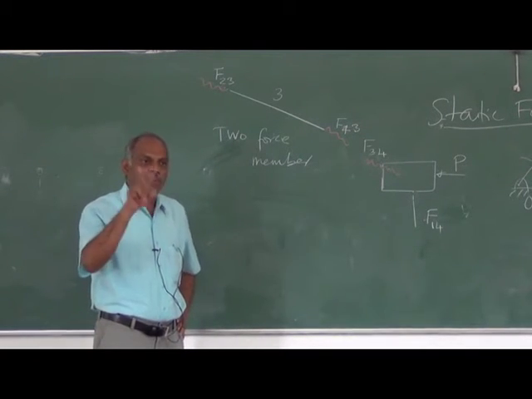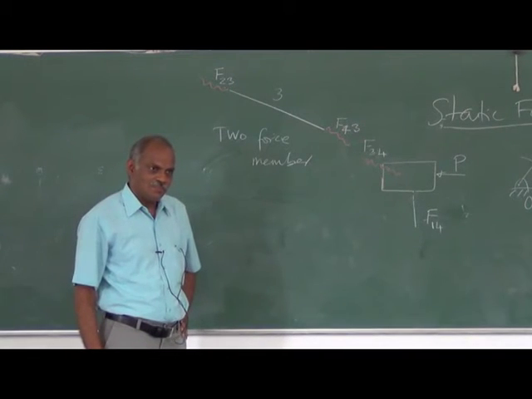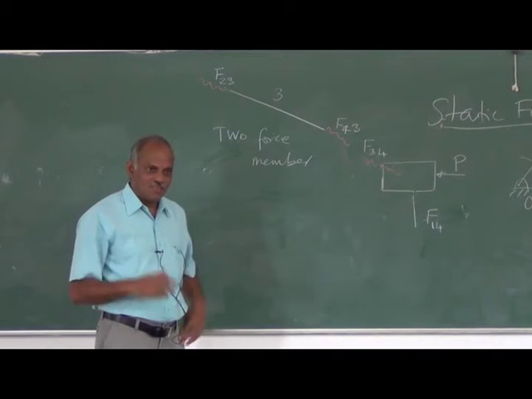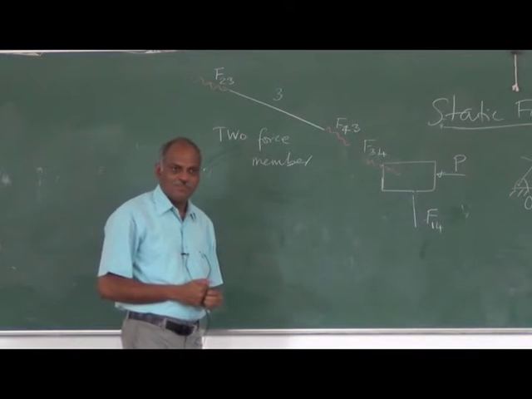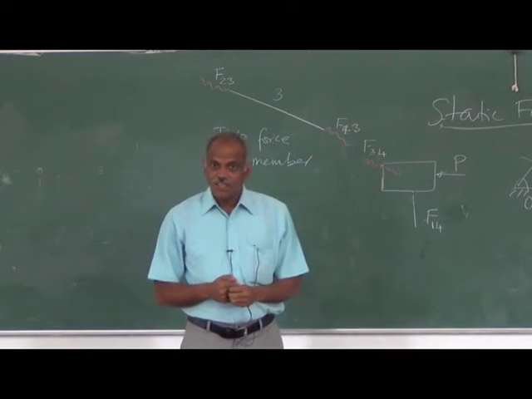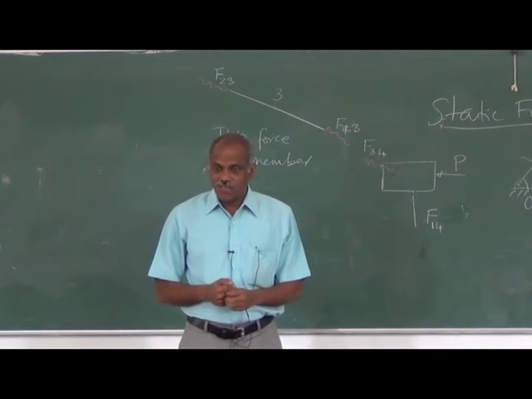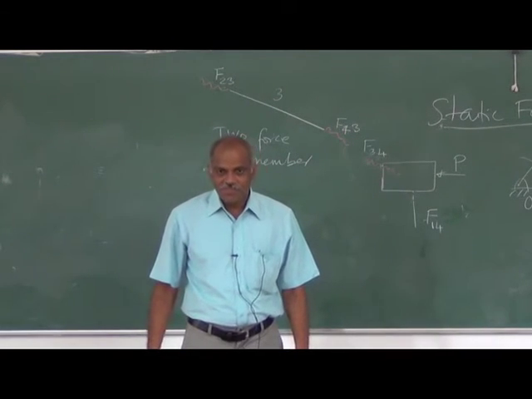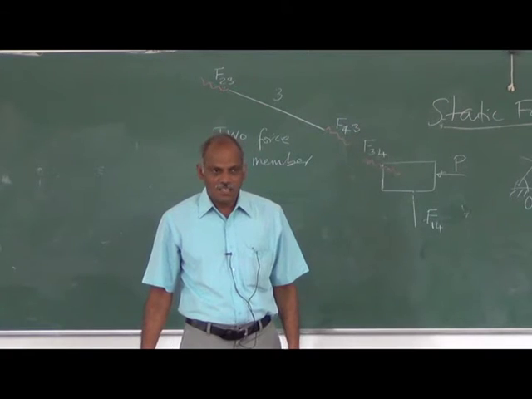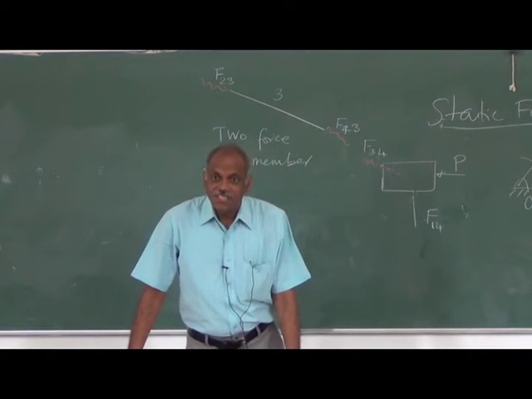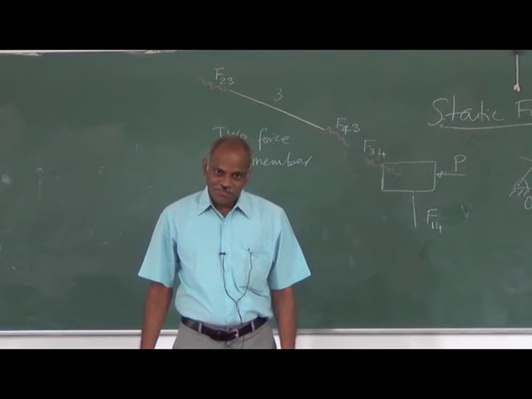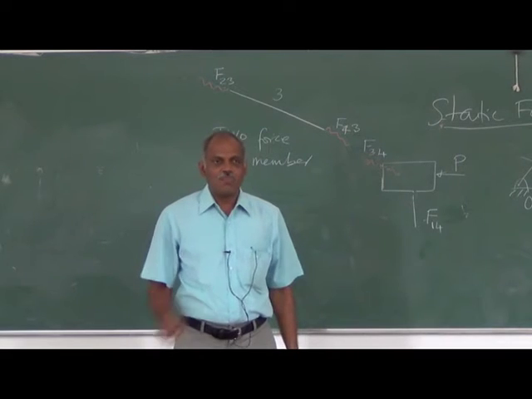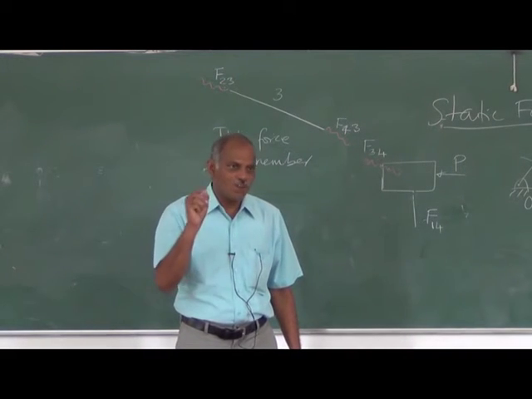So if two forces are to be in equilibrium, what are the conditions? What prescribes that condition? Yes, it is all known to you. Collinear, opposite and equal in magnitude. Three conditions, that is what is specified as the law of equilibrium.